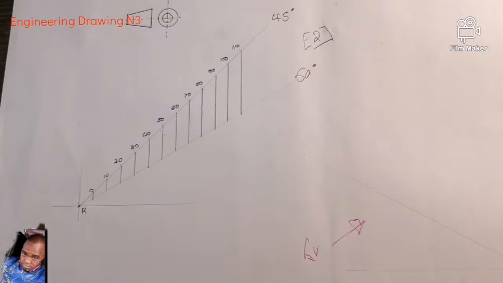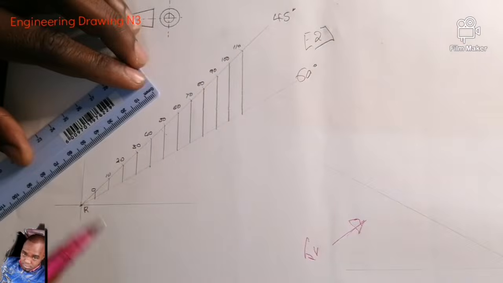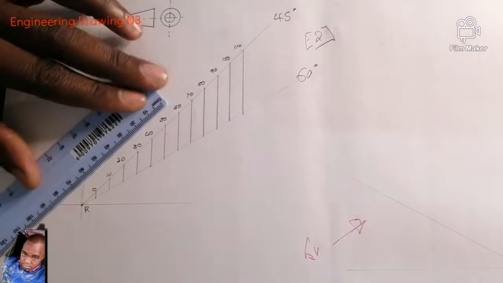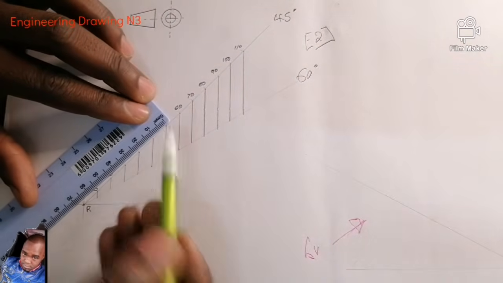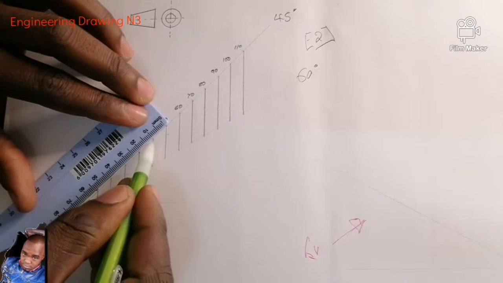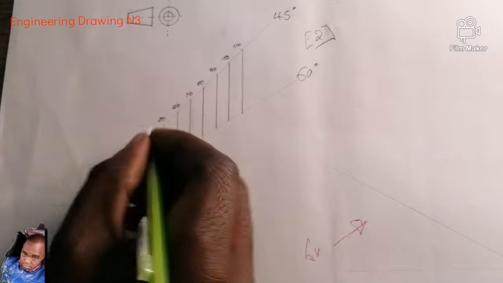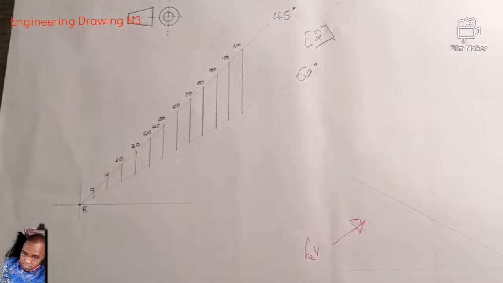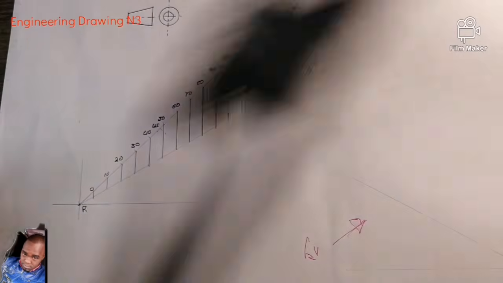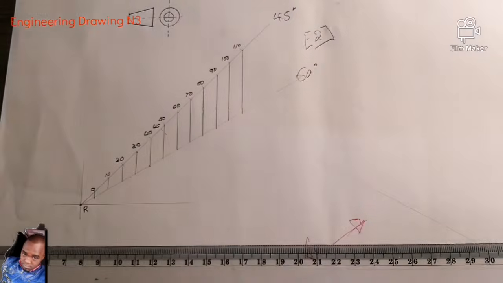Where is your 45? 45 is between 50 and 40. So we've got a 10, isn't it? So between there is the 5. So the 45. Also construct it vertically down like this.